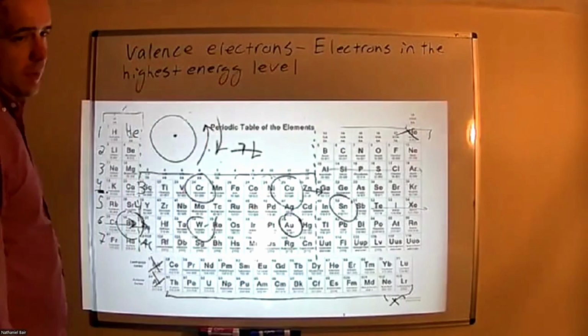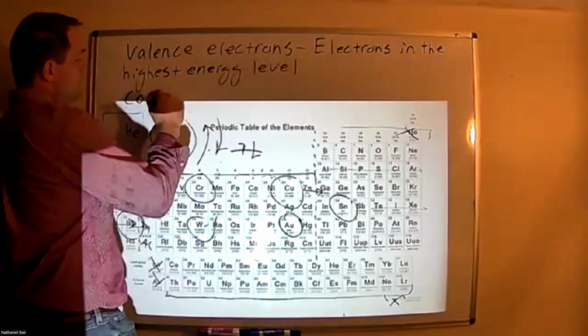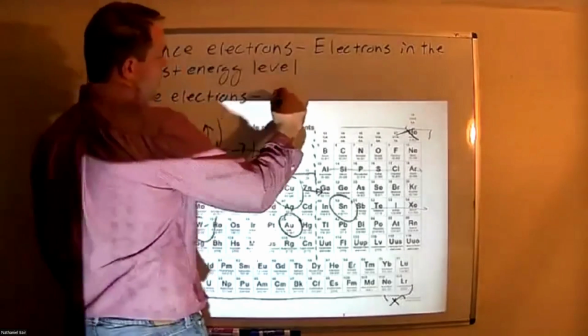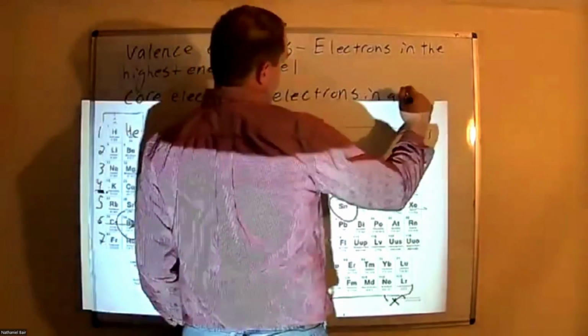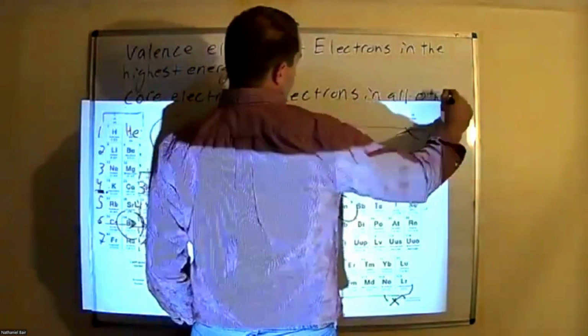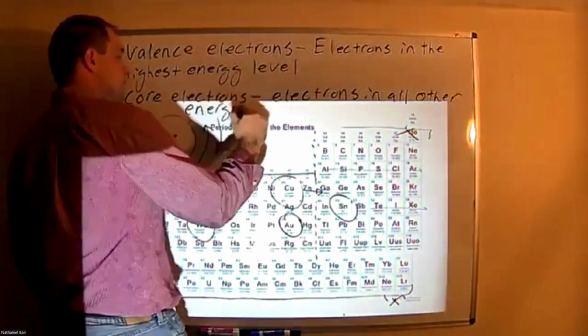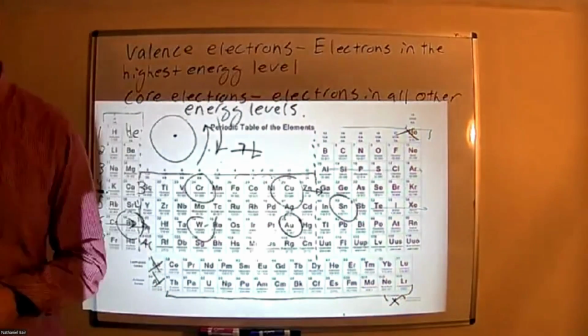Valence electrons are electrons in the highest energy level, and core electrons are electrons in all other energy levels. Go ahead and write that down.